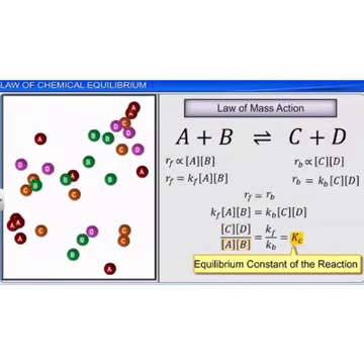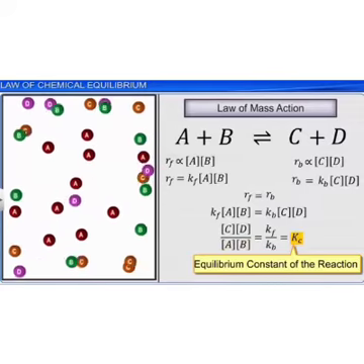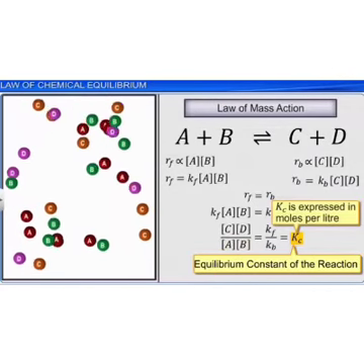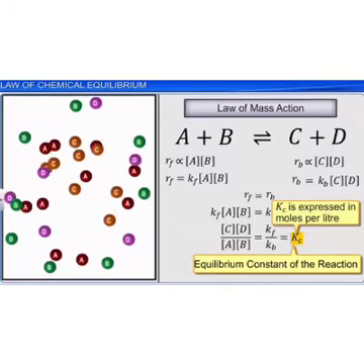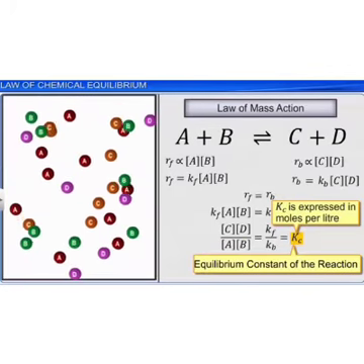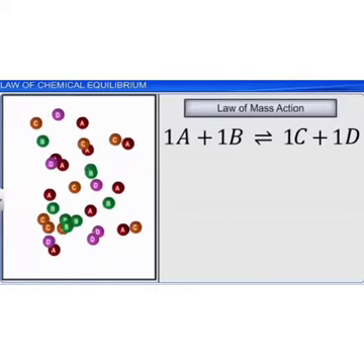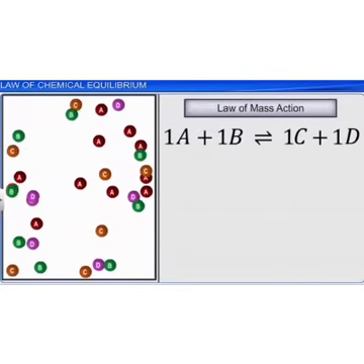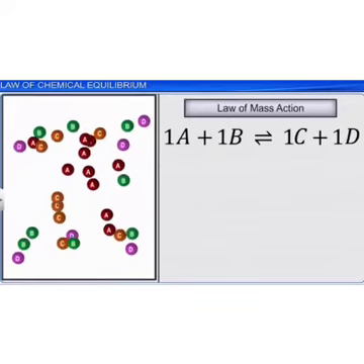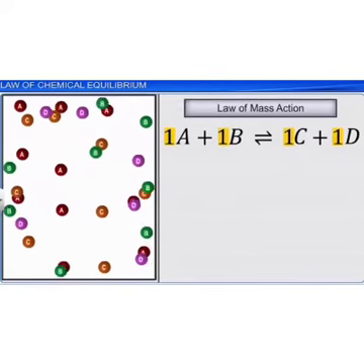The subscript C indicates that Kc is expressed in moles per liter. In the case that you just saw, the stoichiometric coefficients of the reactants and the products are unity.